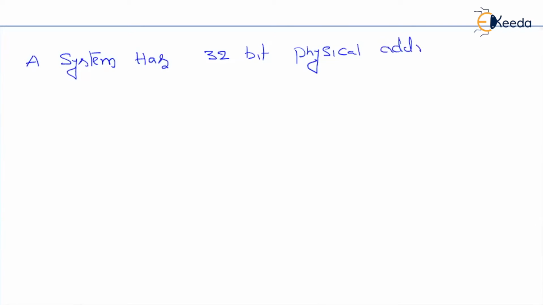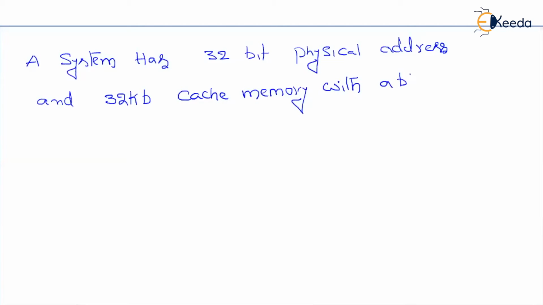Let us understand that a system has a 32-bit physical address and a 32 KB cache memory with a block size of 128 words or bytes.